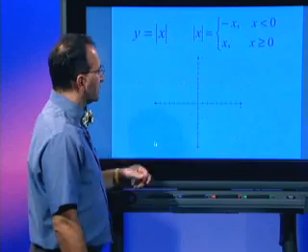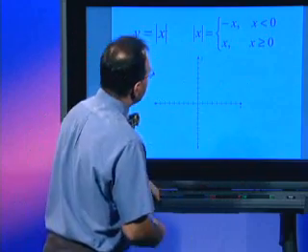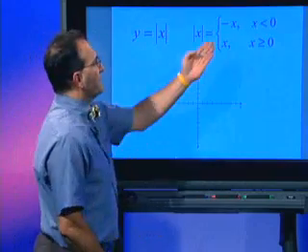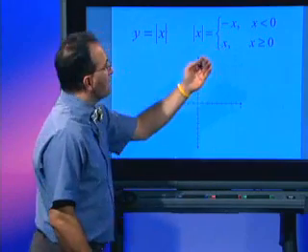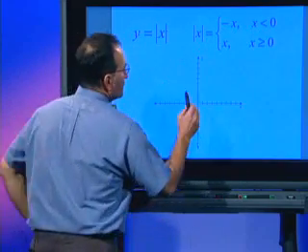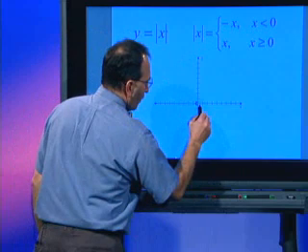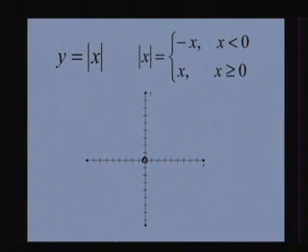Let's sketch that graph and see what it looks like. Again, it's made up of two straight lines. It's equal to negative x when x is less than 0. So what that would do is start just, actually I'll put an open circle to show that, and then it's going to go up at this angle with a slope of -1.